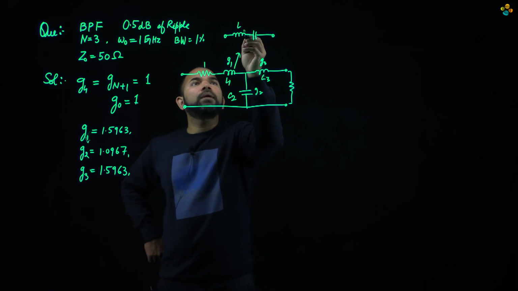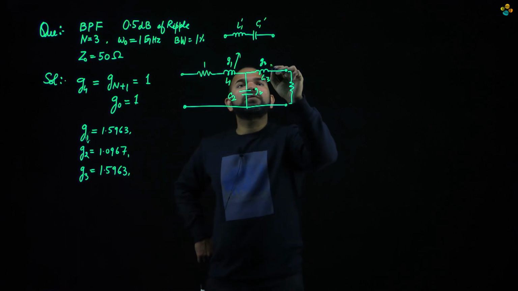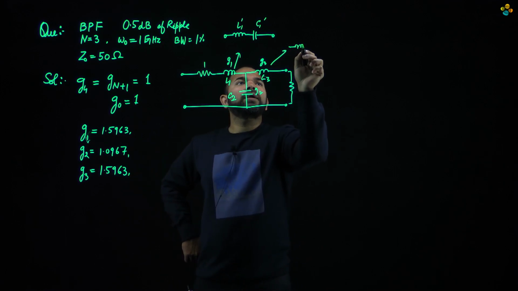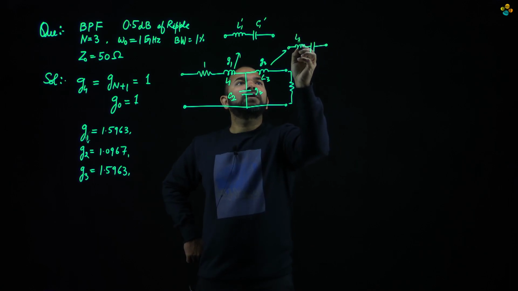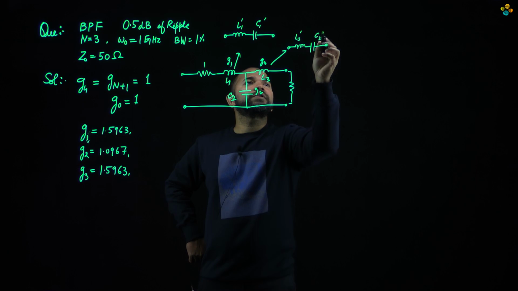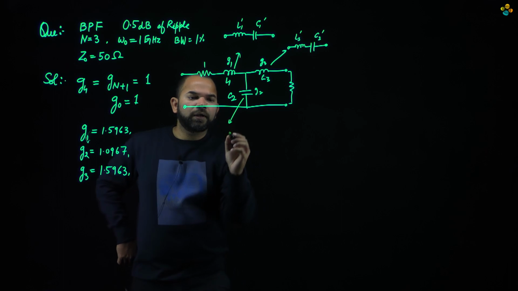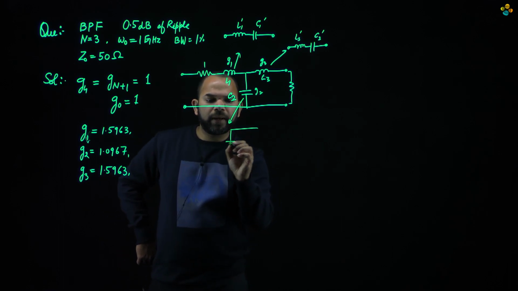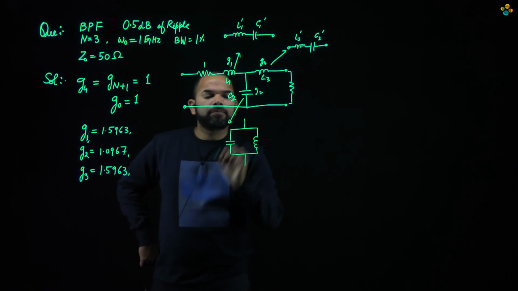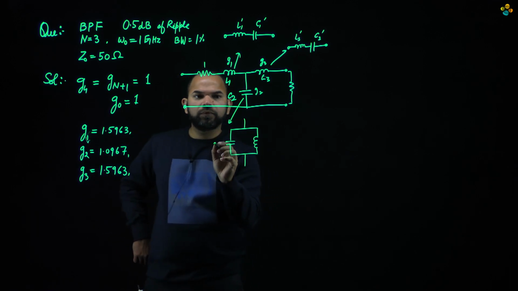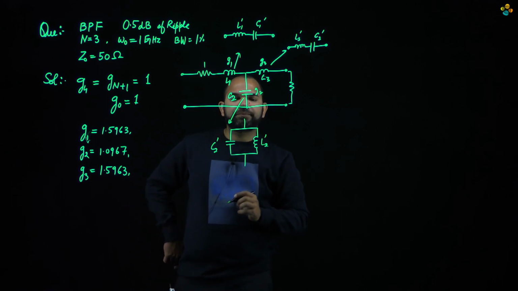Then this would be L1 dash, C1 dash, and this could also be replaced with a series combination of an inductance L3 dash and say C3 dash, and this can be replaced by a parallel combination of a capacitor, that could be C2 dash, and L2 dash.